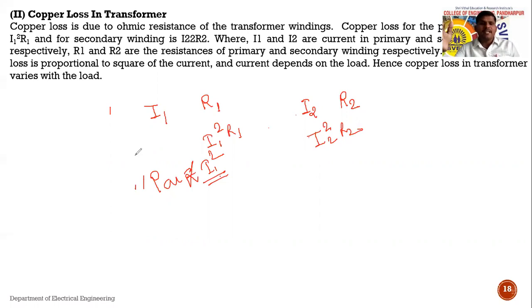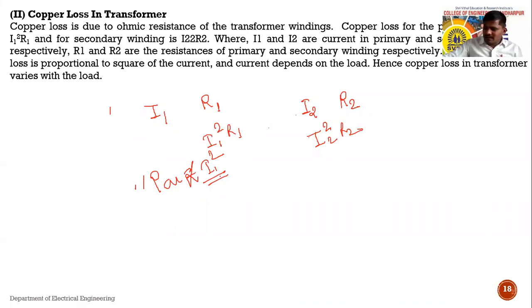That means it depends upon and varies with the value of current, so we call it a variable loss.